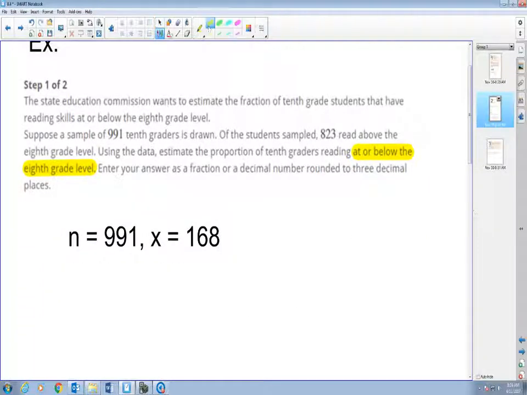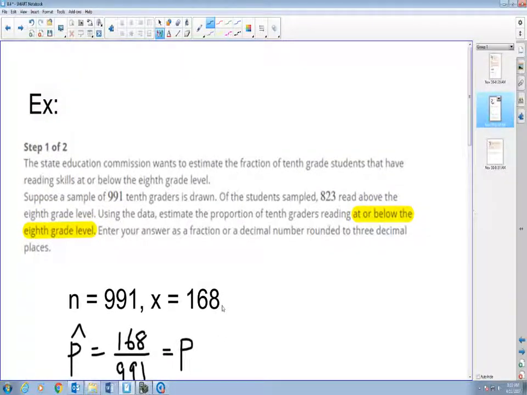That tells me that my p hat will be 168 over 991. So this is our P hat, our point estimate. Eventually, our point estimate P hat becomes my population proportion P.